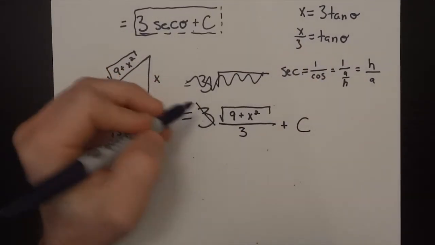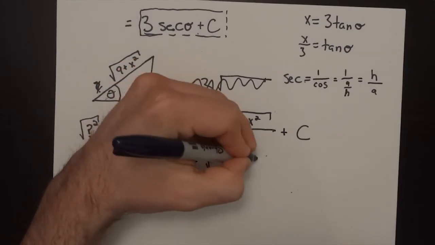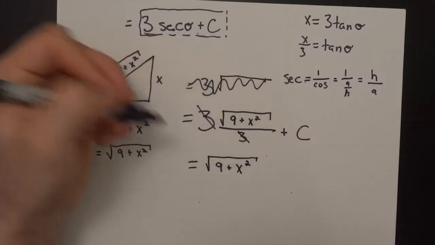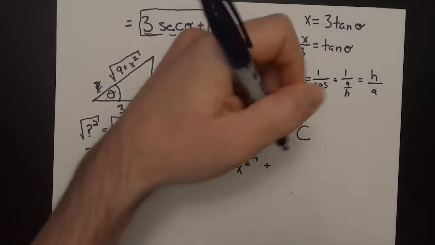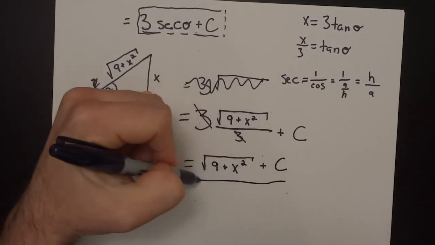And as you can see, the 3's will cancel, right? So it really just ends up being the square root of 9 plus x squared, all underneath the radical, plus c, and that's your final answer.